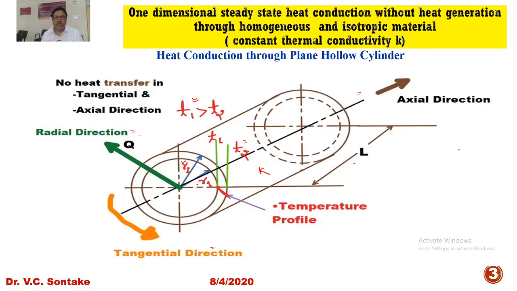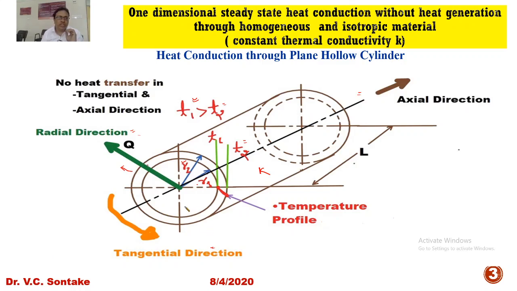But since we are considering one-dimensional steady-state heat conduction, and that is also in the radial direction, by virtue of this temperature difference I am assuming heat can flow only in the radial direction, and since the inner surface is at higher temperature than the outer surface, heat transfer will take place from the inner surface to the outer surface.